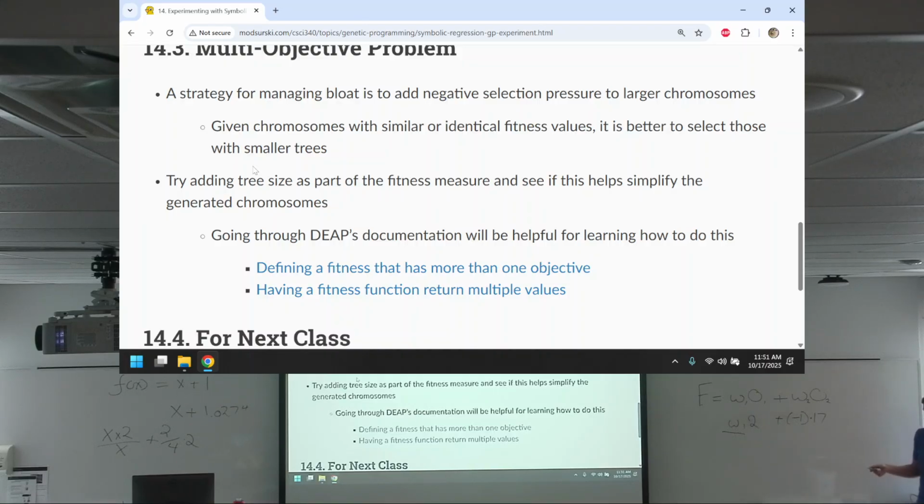Right now, if you're looking at just the raw numbers, you want the mean squared error to be really, really small, and you want this to be small too. But the size of the trees are on a wildly different scale than the mean squared error. Meaning, if I were to just add these together, the size of the tree is going to absolutely dominate what we're selecting for.